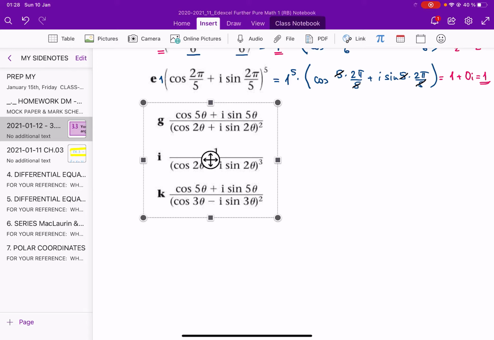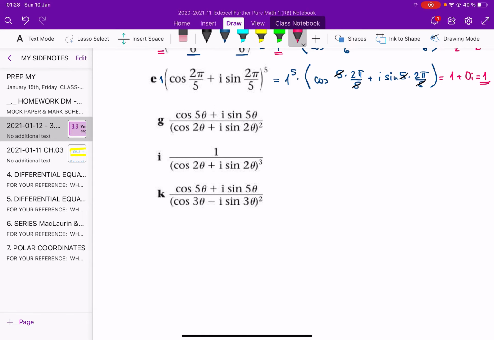This is now a combination of sections 3.3 and 3.4. So before I can simplify it, this would be cosine 5 theta plus i sine 5 theta over cosine 4 theta plus i sine 4 theta.